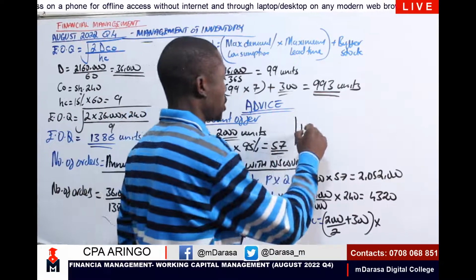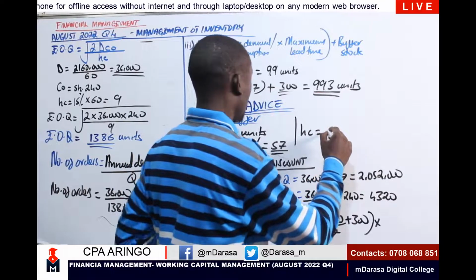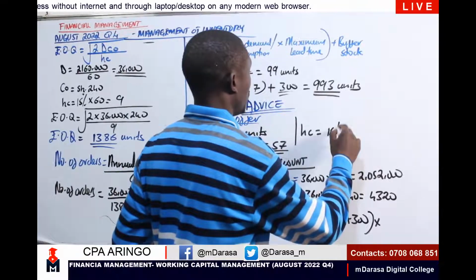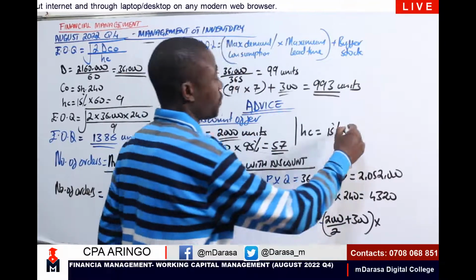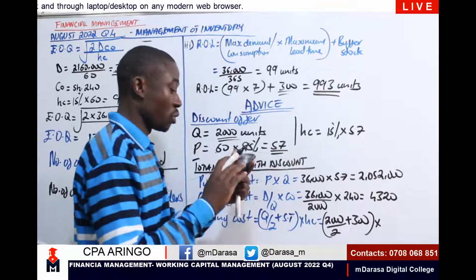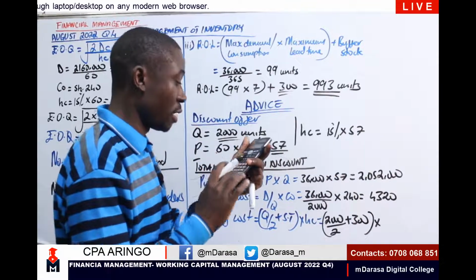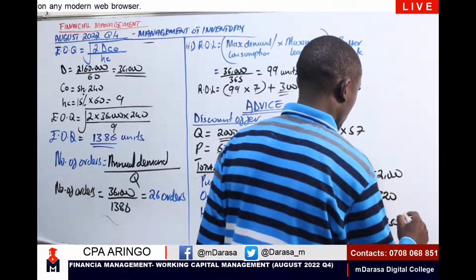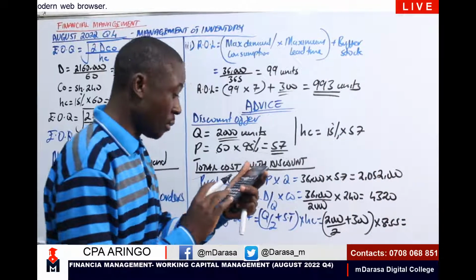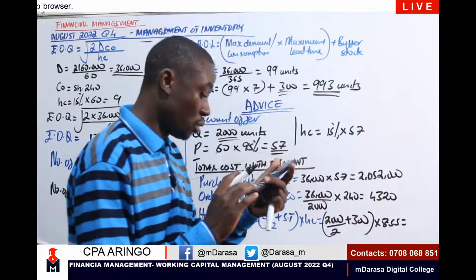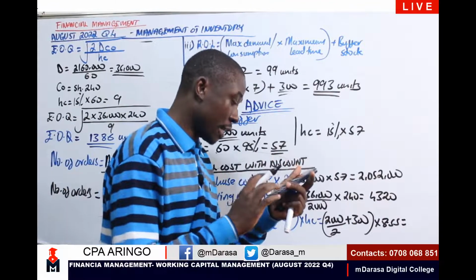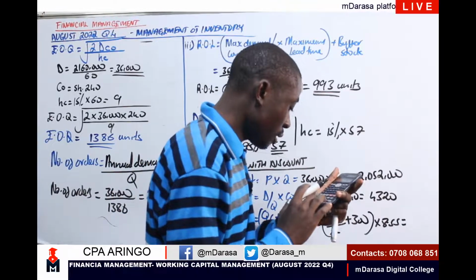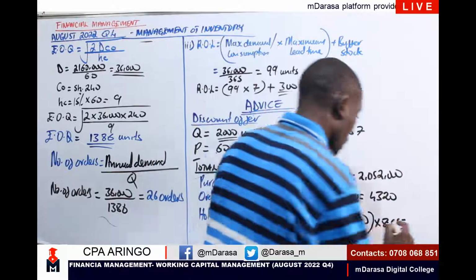So my new HC should be 15% of our new purchase price of 57. That is 0.15 times 57, which gives us 8.55. So I'm having 2,000 divided by 2 plus 300, times 8.55.